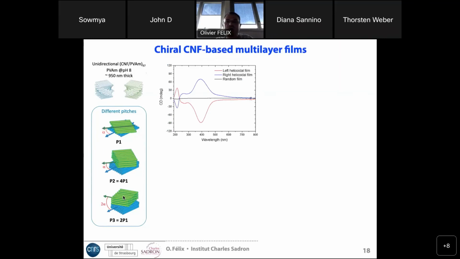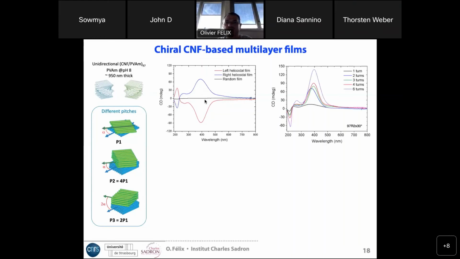On this graph, you will see a left- and a right-handed helix. The left is the red one, and the blue one is the right one. And you see that it's a mirror, exactly the same curve, not exactly, very similar, I would say. And for the random one, you see that you have almost no signal.